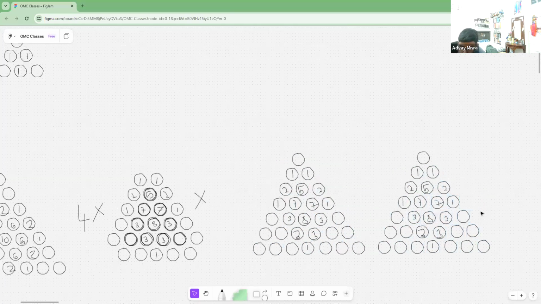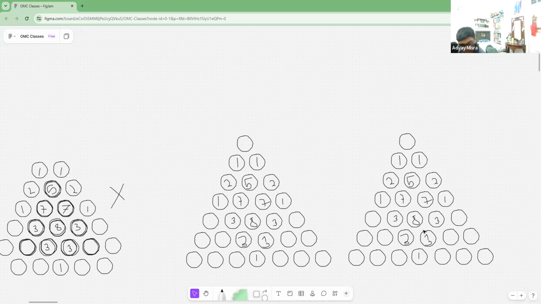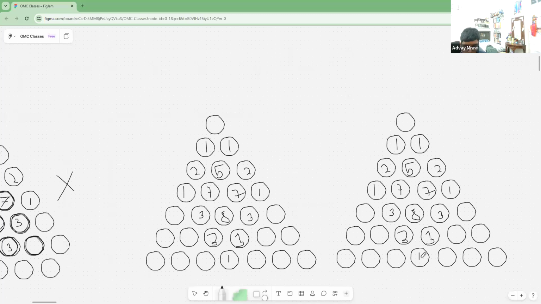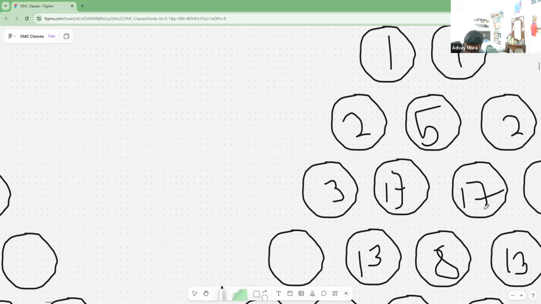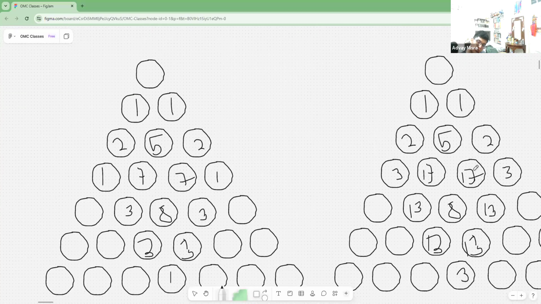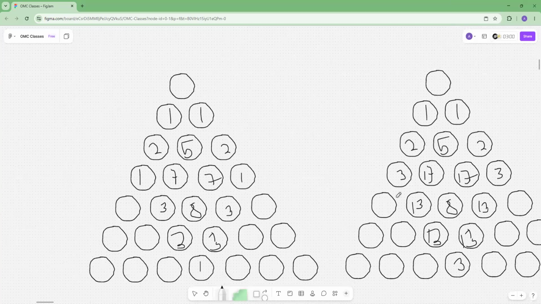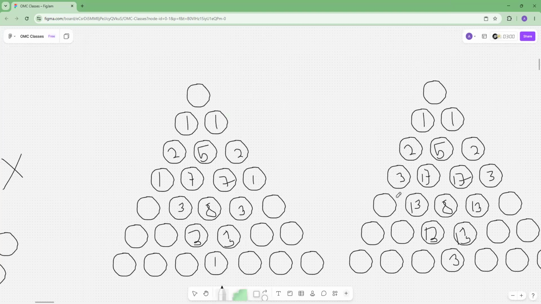So I'm just going to... 5, 13, 8 looks like Fibonacci. Yes, that is interesting actually.